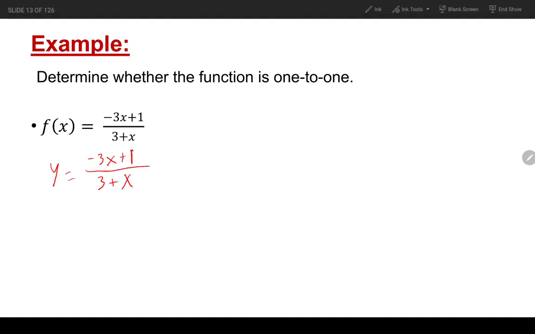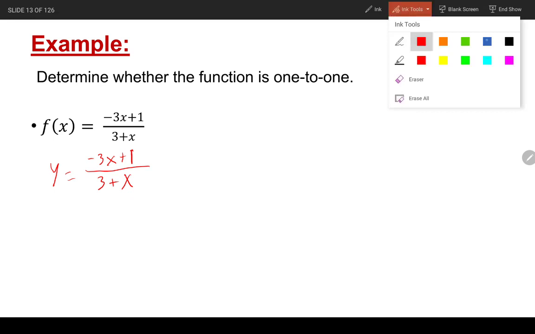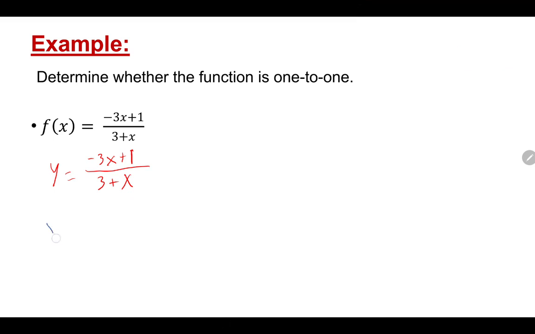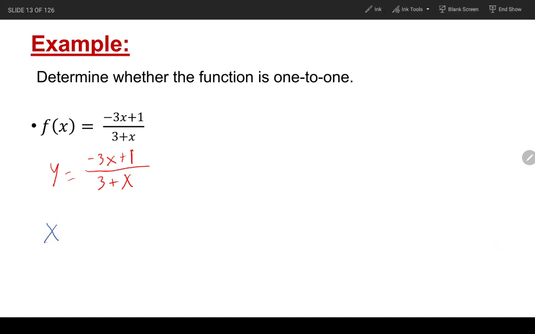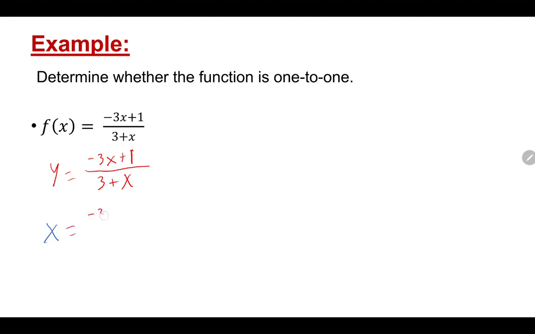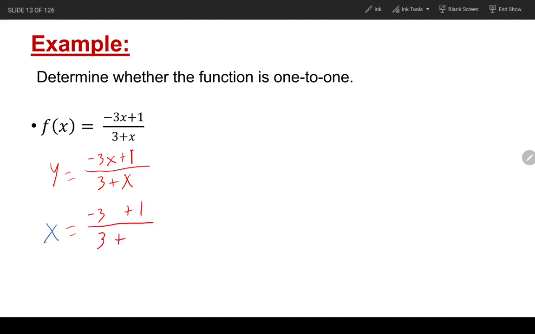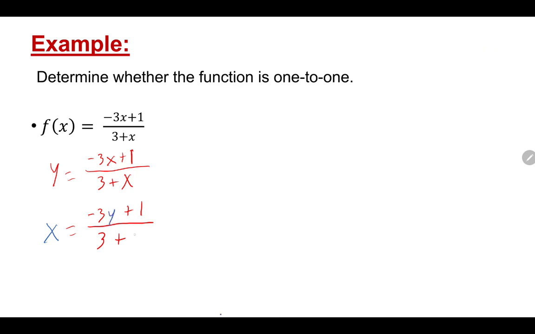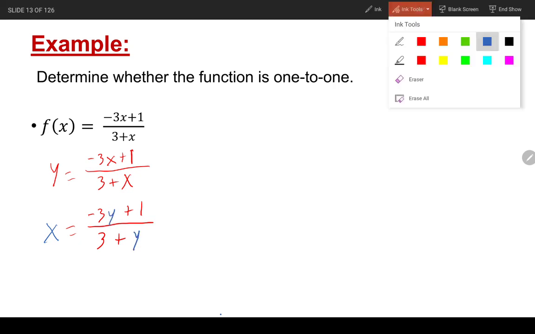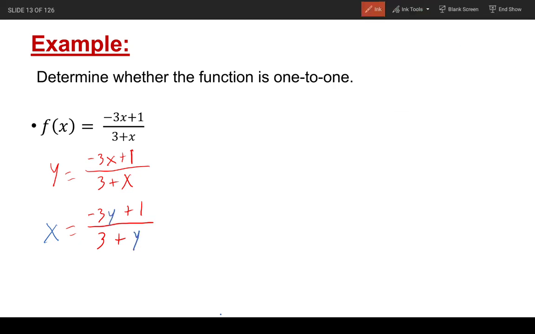Again, I'm going to switch out my variables, so this becomes x equals negative 3y plus 1 over 3 plus y, and put those changes in. So I have y and y. And now I'm supposed to solve this for y. So that's what the objective is.